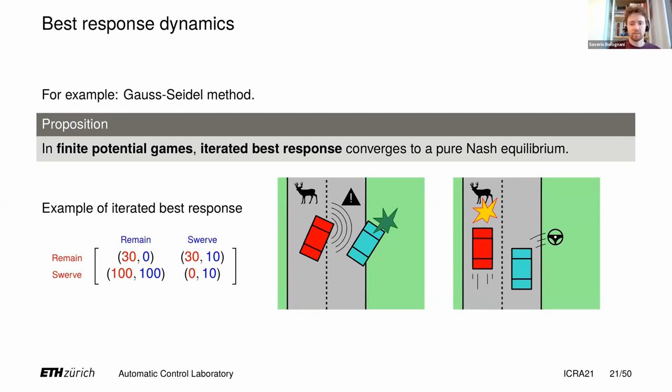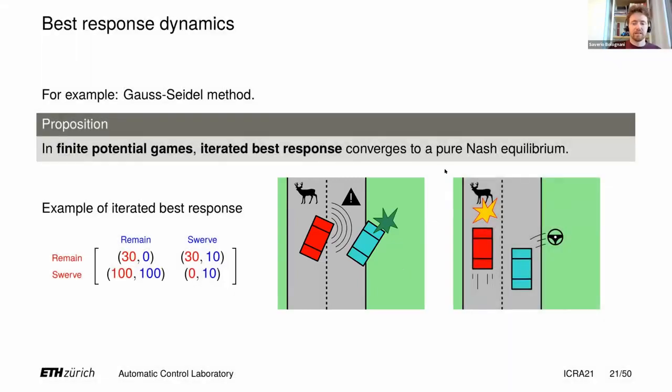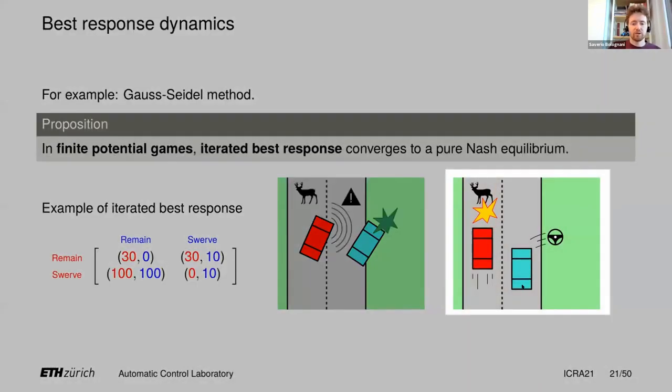One of the two announces what he wants to do and the other one responds. So player one signals to the other, I'm swerving to the right. And player two does the best response to that, which is to swerve onto the shoulder. And this is a Nash equilibrium, we know it. The other case is that player two decides I'm going to stay on the lane, and player one then decides then I will hit the deer.